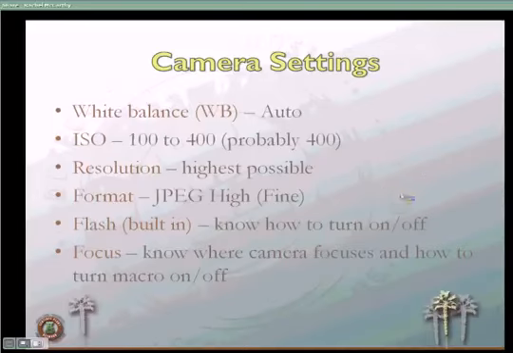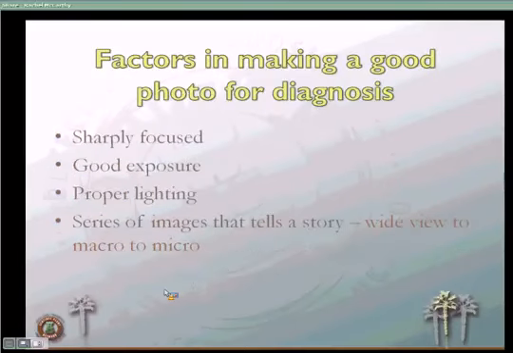Most of these cameras also have a macro setting on the lenses, so you're going to want to make sure you know how to use that macro setting by turning it on and off. There are several factors that make up a good photograph, and these are all ones that we're going to go over in a few minutes. You're going to want the picture to be sharply focused.